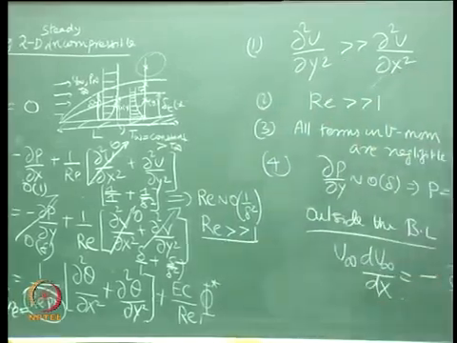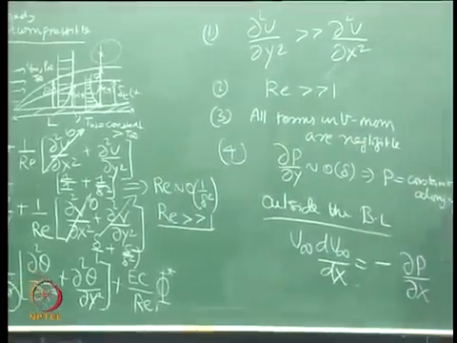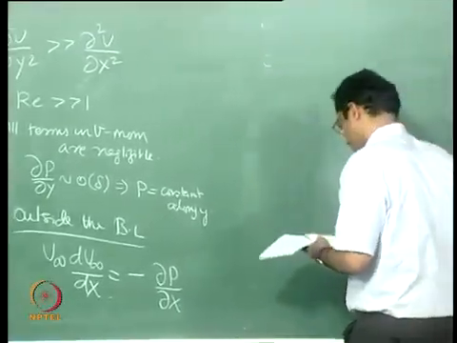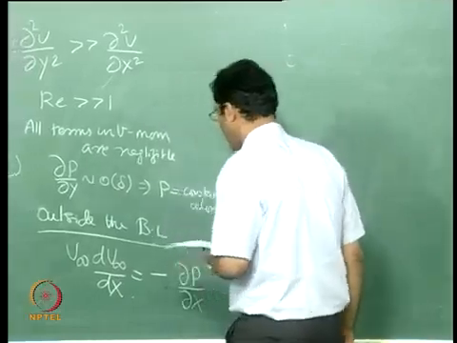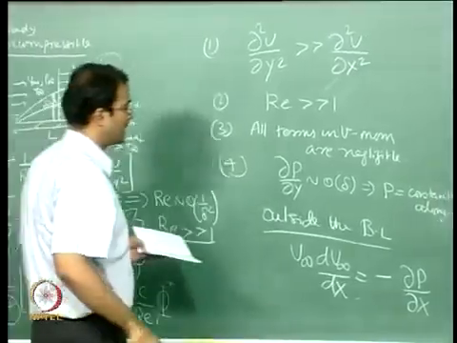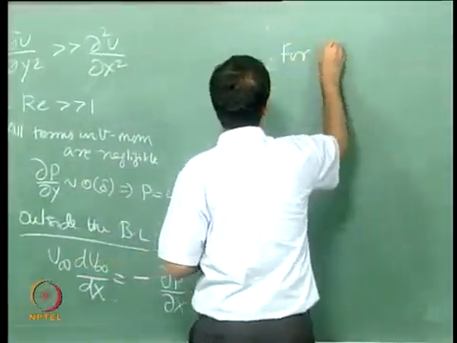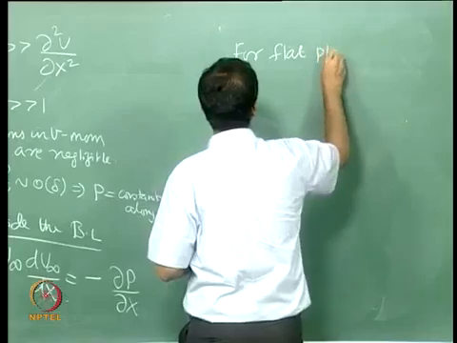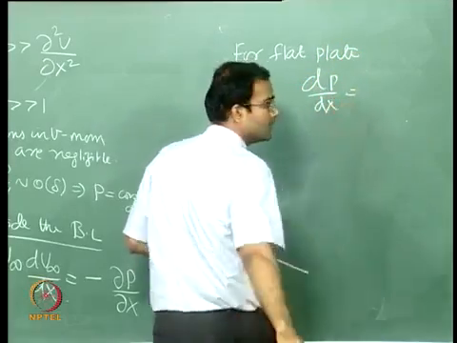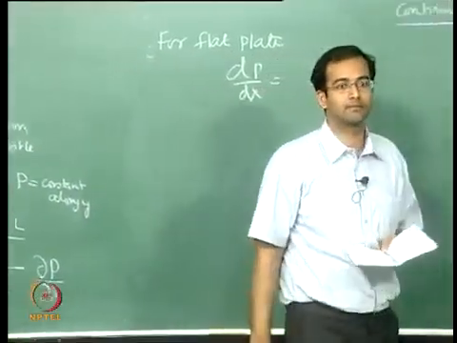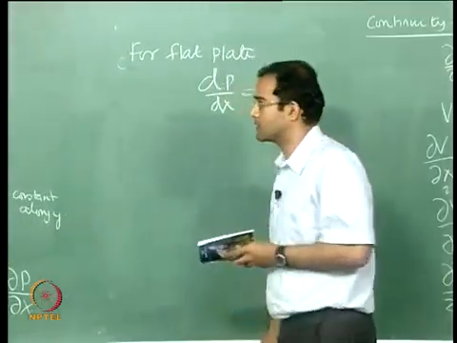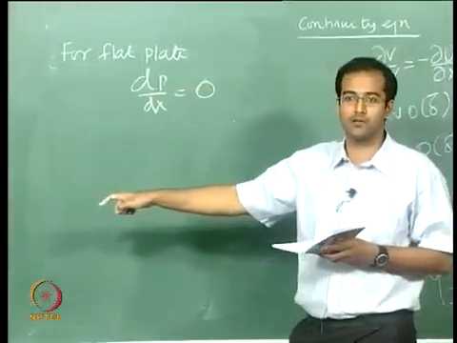If you do not have any velocity variation, that is for the flat plate flows that we are looking at now, you can safely say my dp by dx is what? Zero, because my free stream velocity is not going to vary.